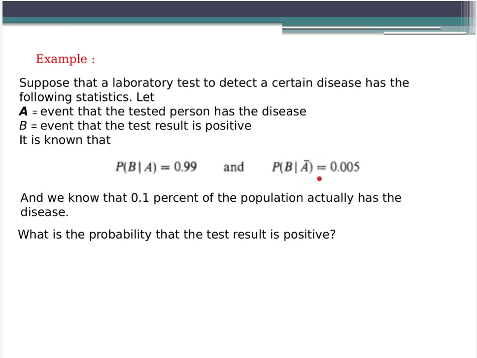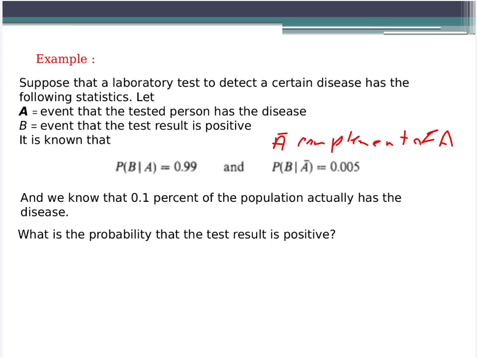What's the meaning of A bar? A bar is the complement of A. In this example, A means that the tested person has the disease, so A bar means that the tested person doesn't have the disease.